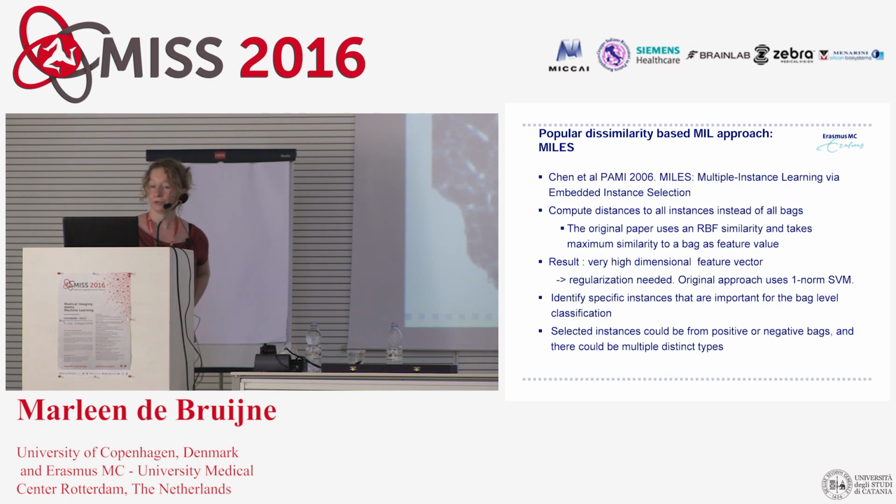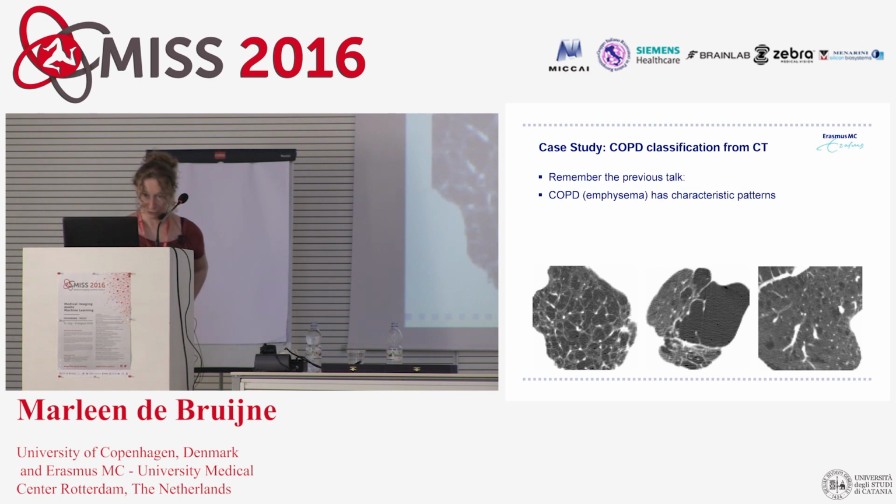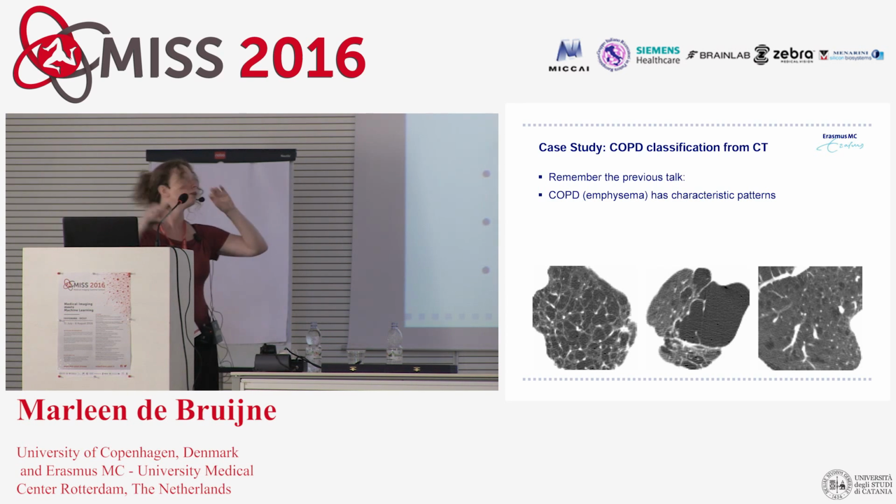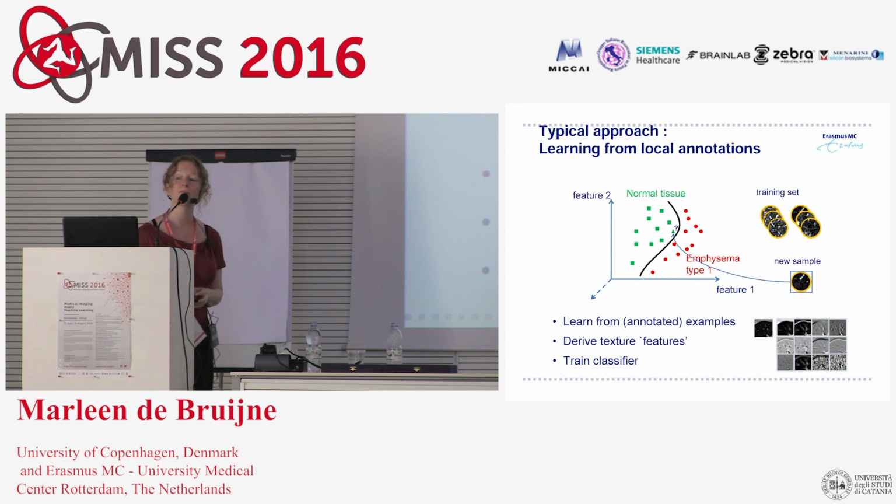So now for some results. The case study. As you probably have suspected already, the example that I showed in the previous lecture, COPD classification from CT, is based on a multiple instance learning approach. So the typical approach, and that has also been used in emphysema characterization, is that you would take a few samples, you would have an expert indicate which patch contains emphysema and which patch does not contain emphysema.